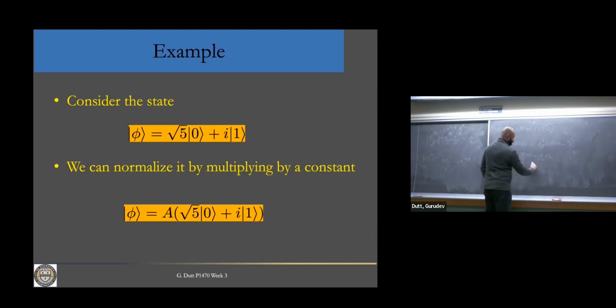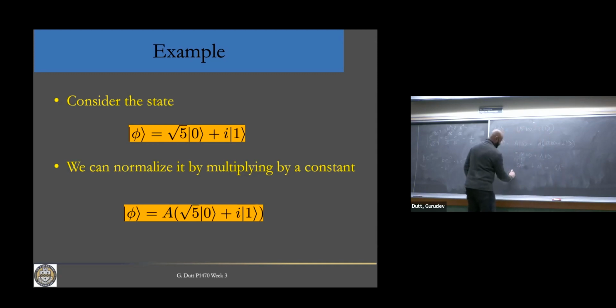Plus the mod squared of this whole thing, I times A, which is just A squared again, since the mod squared of I is 1. Did I get that right? The square root of 5, or did I write 5 there? I can't remember. Oh yeah, it was a square, so I said it wrong. Okay, 5A squared plus A squared, which is 6A squared. Fine.